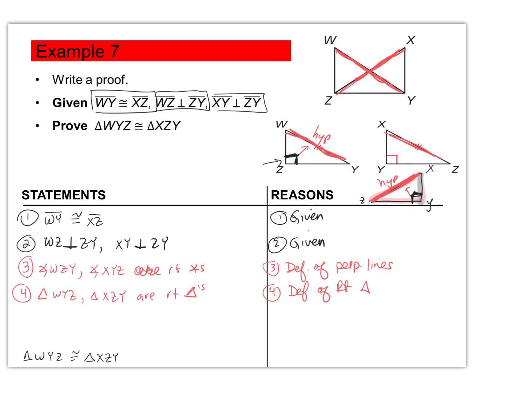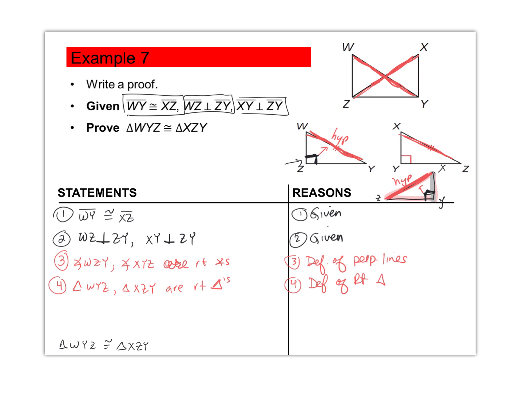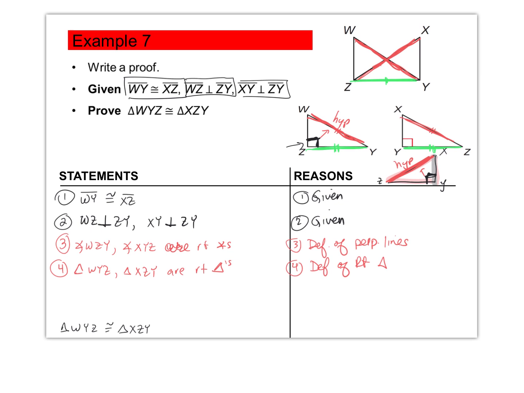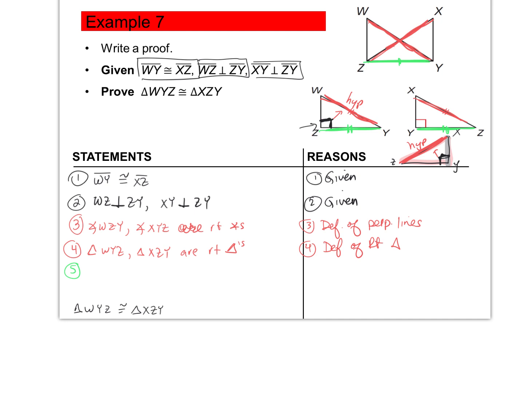Anytime I have a shared side, that's a congruent side. So I know that ZY here is going to equal YZ here because it's a shared side. So number 5, I'm going to say that ZY is congruent to YZ.